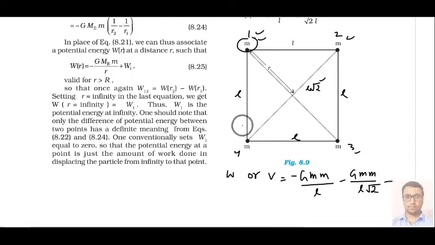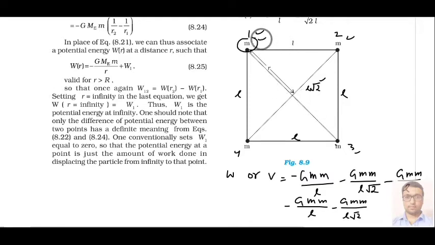Again, between the first particle and the fourth particle, the potential energy will be minus G m1 m2 upon R, and that is L. Now we look at the second pair: the potential energy between the second particle and the third particle. That will be negative of G m into m upon R, that is L. Then between the second and fourth particle, it will be minus G m into m upon R, that is L root 2.